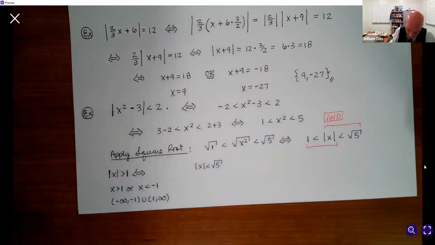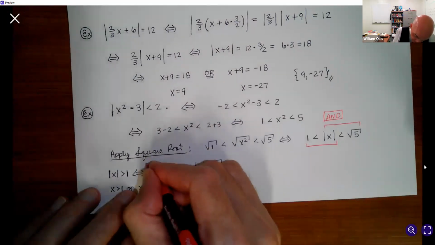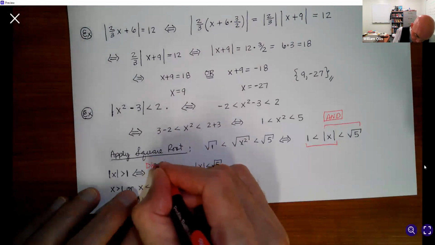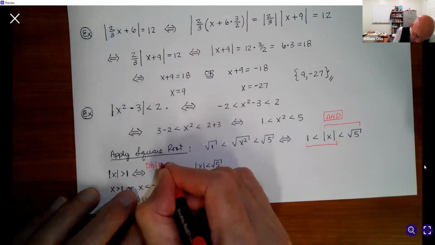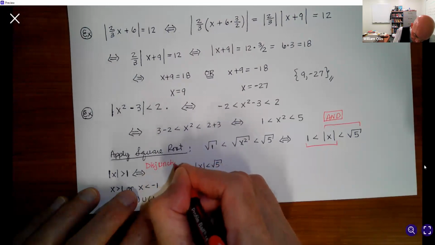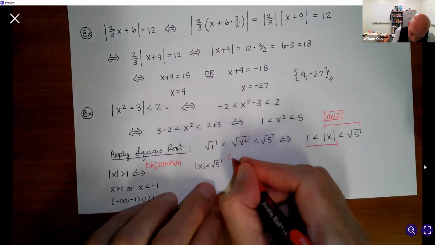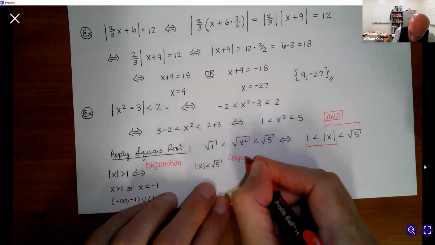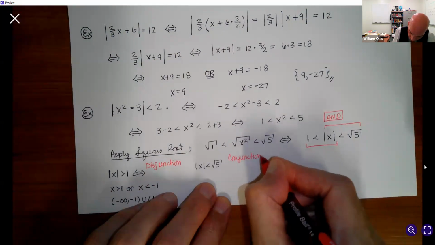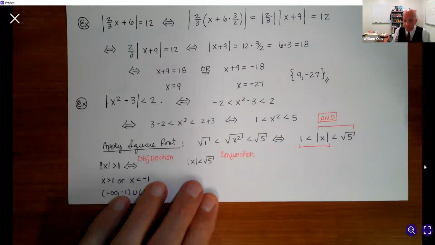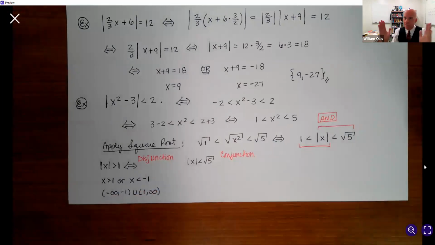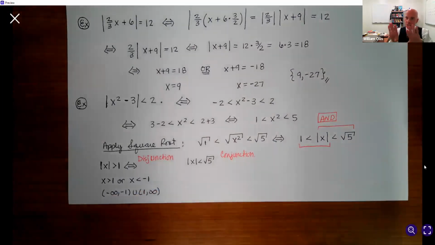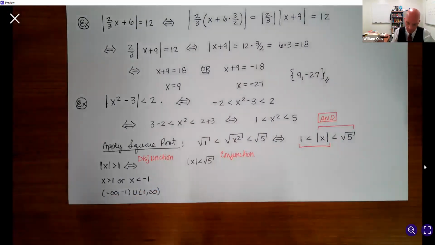So let me just write this here. Disjunction and conjunction. These are old terms, but they are very useful. We can think of conjunction as intersection, and we can think of disjunction as disjoint.